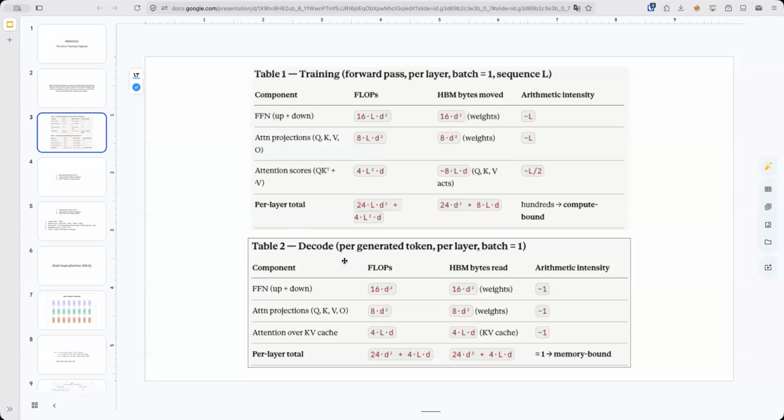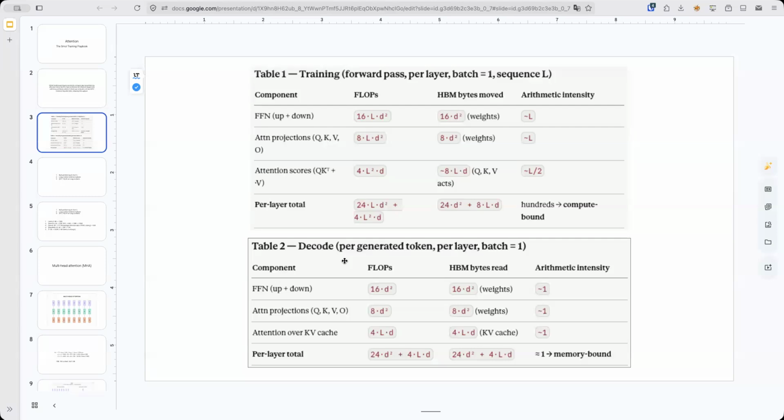And I'd like to highlight that decode here is counted as if we have a valid KV cache. The picture is different. For the decode step, we need to calculate new data only for one new token.